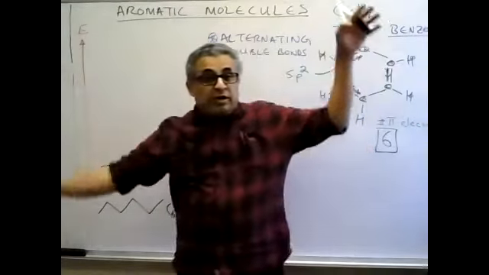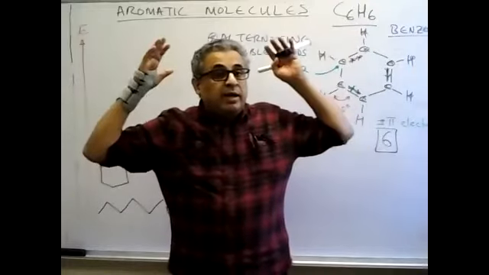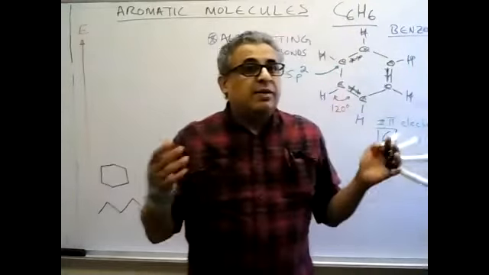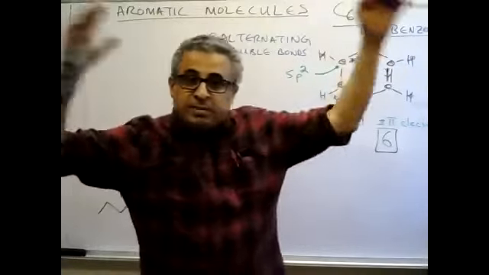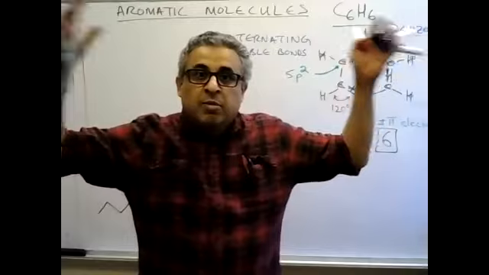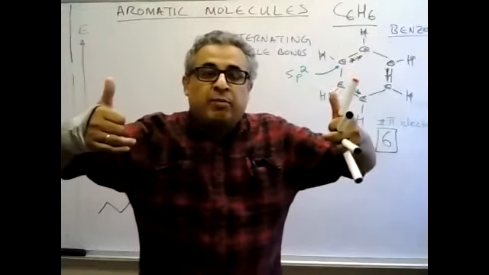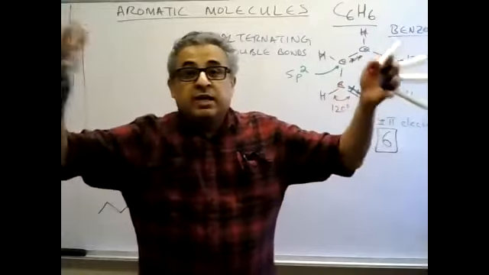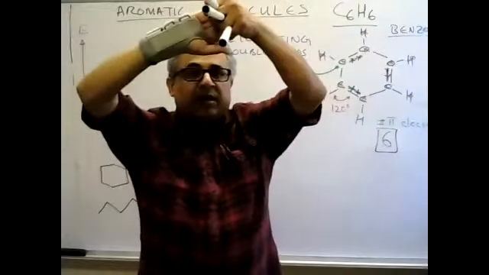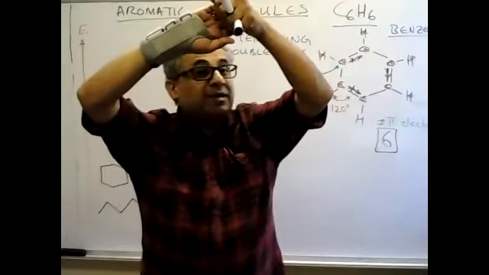Hexane has more degrees of freedom. Physics says that the universe is trying to increase randomness. Randomness means more chaos, and more chaos means more entropy. So entropy is always trying to go up by increasing its randomness. So if I am cyclic, my randomness is less.